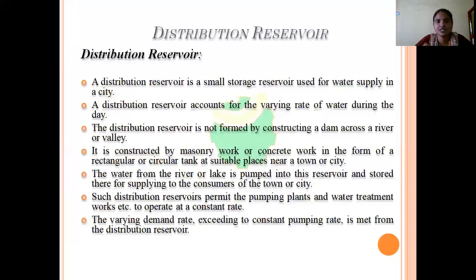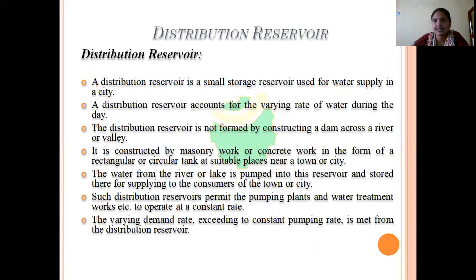Next, distribution reservoirs. A distribution reservoir is a small storage reservoir used for water supply in a city. A distribution reservoir accounts for the varying rate of water demand during the day. The distribution reservoir is not formed by constructing a dam across a river or valley. So the distribution reservoir is not constructed on the river or at a dam site.